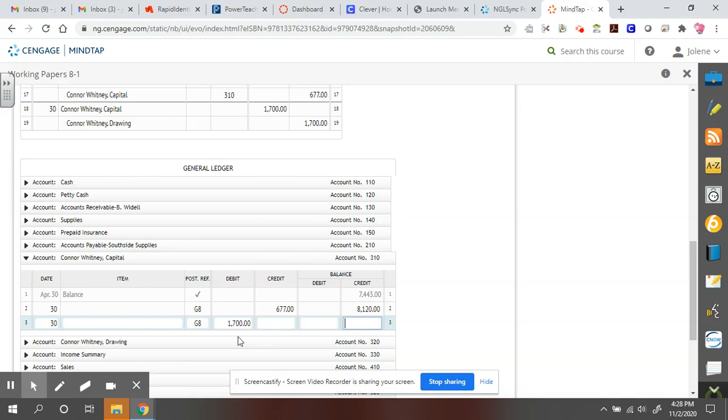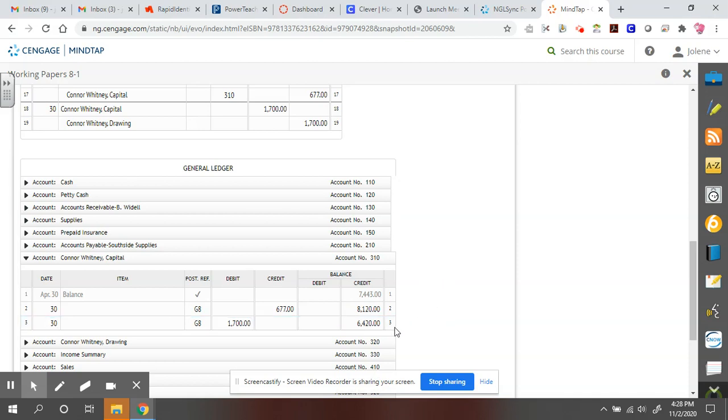We have to subtract them, okay? But notice that there's more money in the credit column, so the difference will stay in the credit column. And I got 6420. I'll do it one more time just to be sure. 6420.